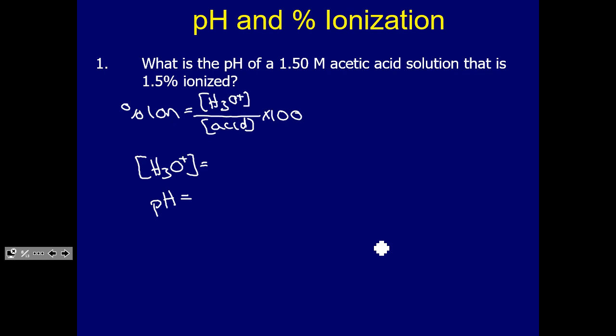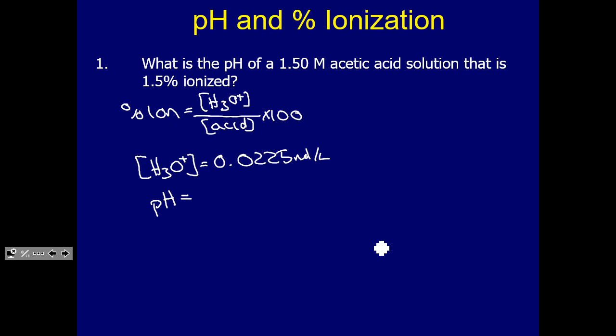Does somebody have an H3O plus concentration? Emma, did you get a number? What do you got? 0.0225 moles per liter. If that's in the calculator, you press negative log, answer, equals. Oh, we want the pH. Again, I don't need to see it.